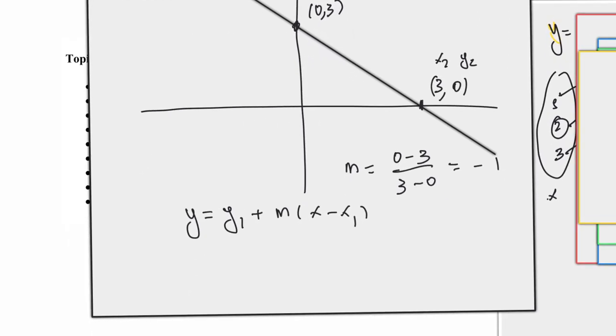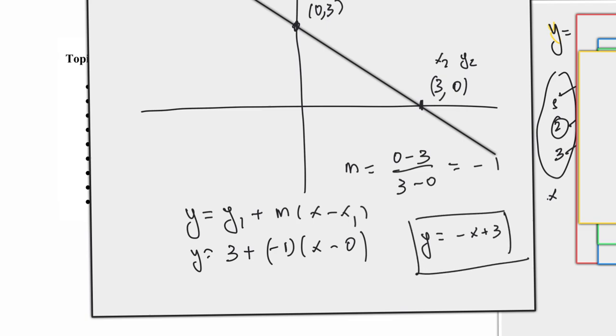So it will be y equals y1, and y1 is 3, m is minus 1, x minus x1, which is minus 0. So the equation will be y equals minus x plus 3.